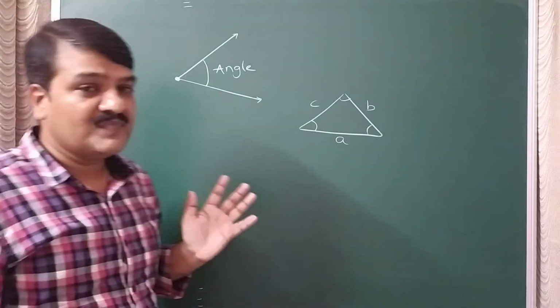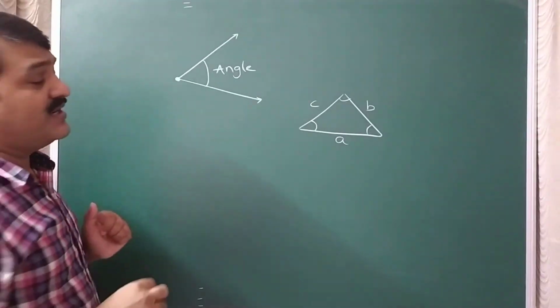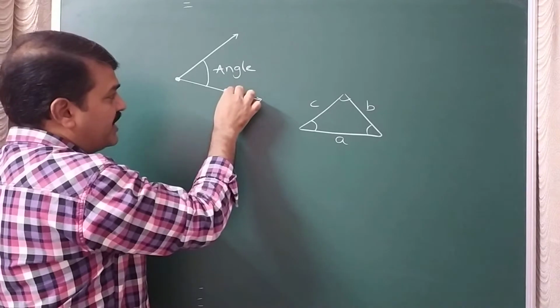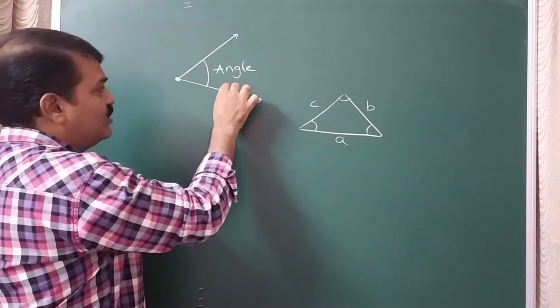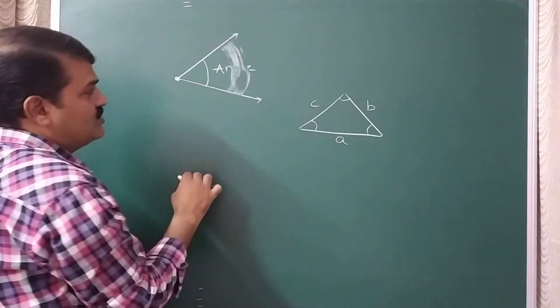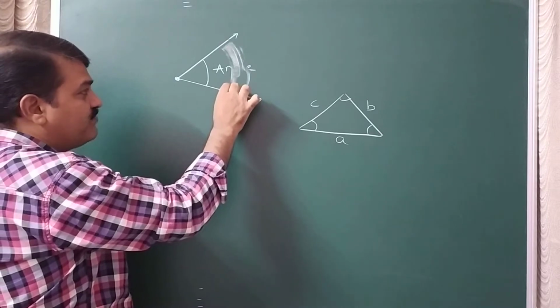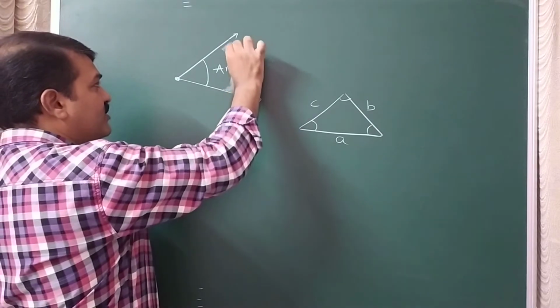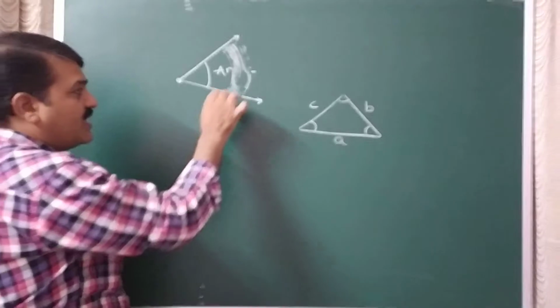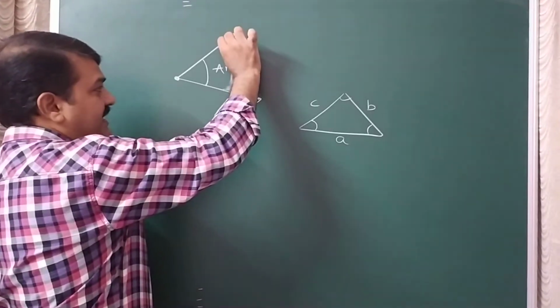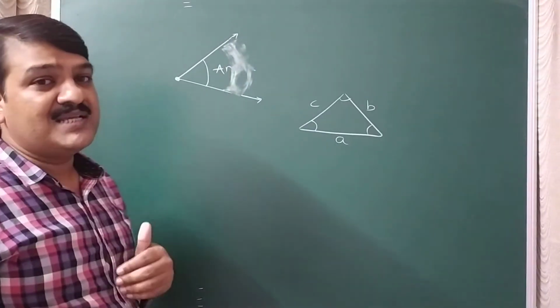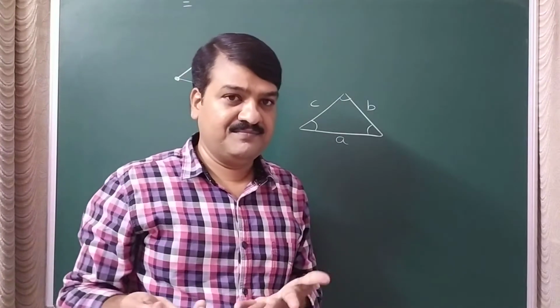And the amount of rotation required to bring one ray into the position of the other. If you are rotating this ray in order to bring it into the position of the other ray, how much rotation is required? That is called the magnitude of the angle.